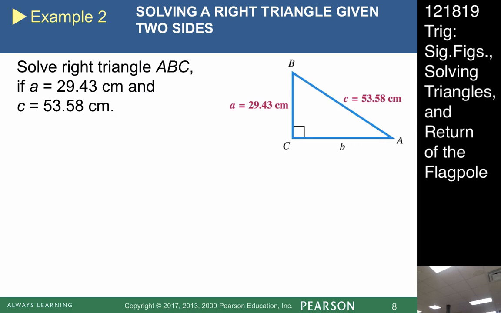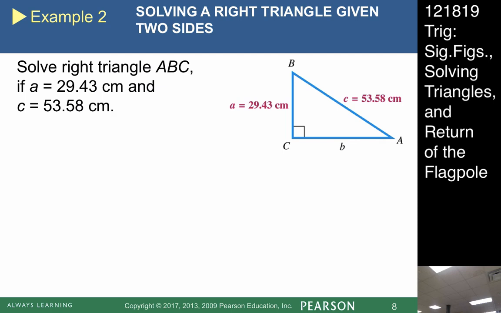We could do that. We could also do the cosine of 33.3 equals little b over 53.58. Okay, that would also get us there.